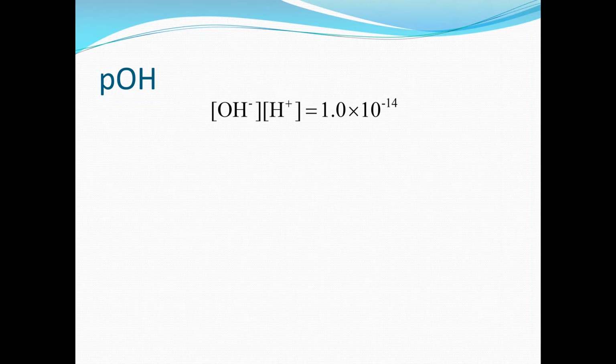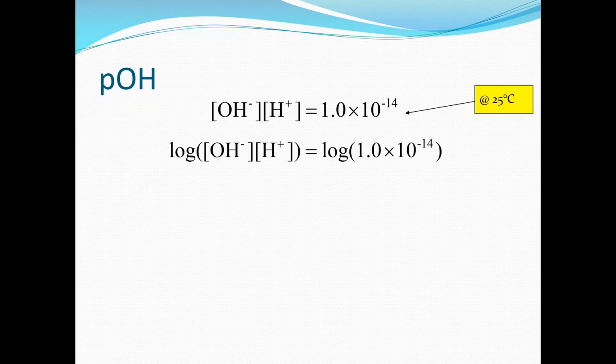If we're at 25 degrees Celsius, that's 1.0 times 10 to the negative 14th. And so let's assume we're going to do this at 25 degrees Celsius. Honestly, for a lot of the problems we're going to do in the rest of this chapter, that's a safe assumption, but I'm going to continue to reiterate it just so you don't forget that a lot of these things that we're doing depend on that Kw at 25 degrees Celsius.